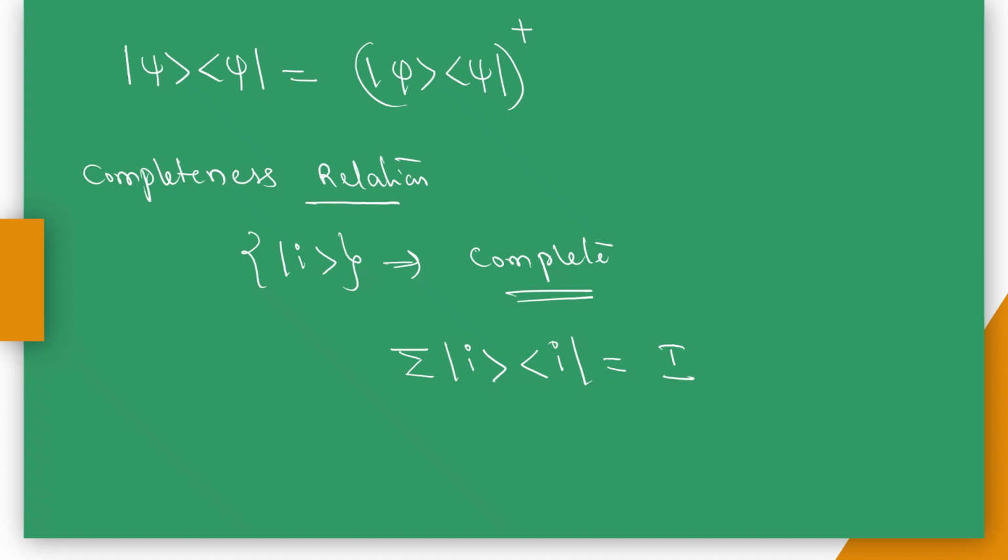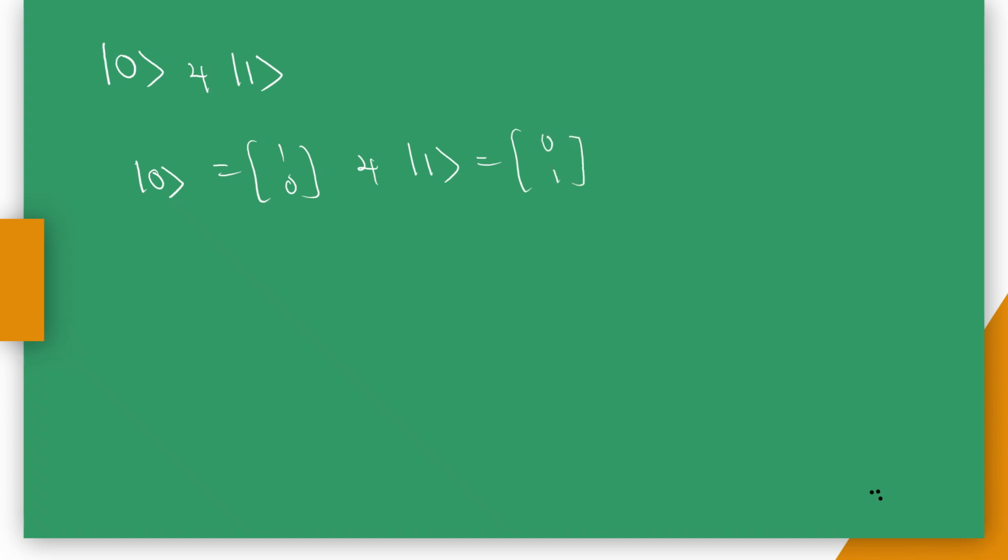I think you will get more clarity by seeing this result. For example, I take the two state vectors 0 and 1. Mathematically we can represent ket 0 as 1 0, and the state vector 1 as 0 1. Similarly, the bra 0 is 1 0, and the bra 1 is 0 1.